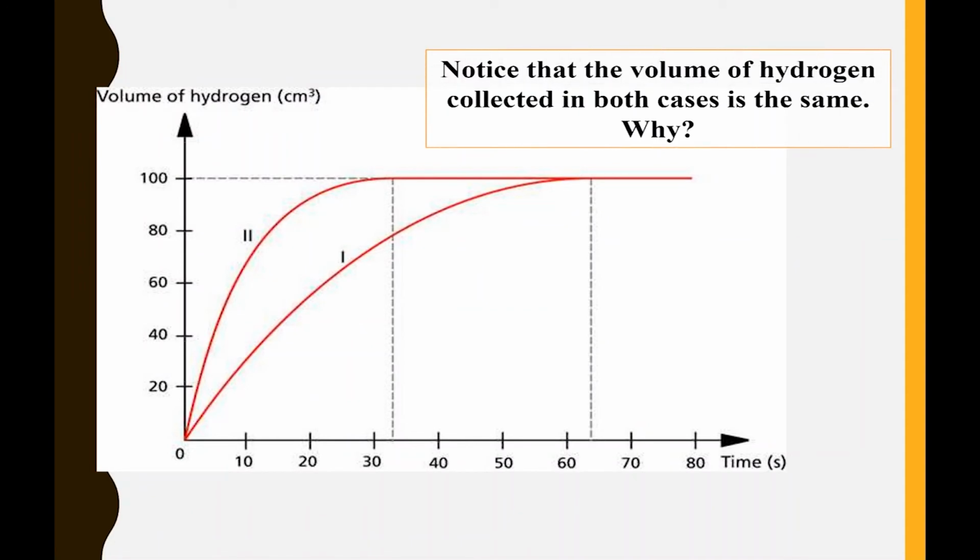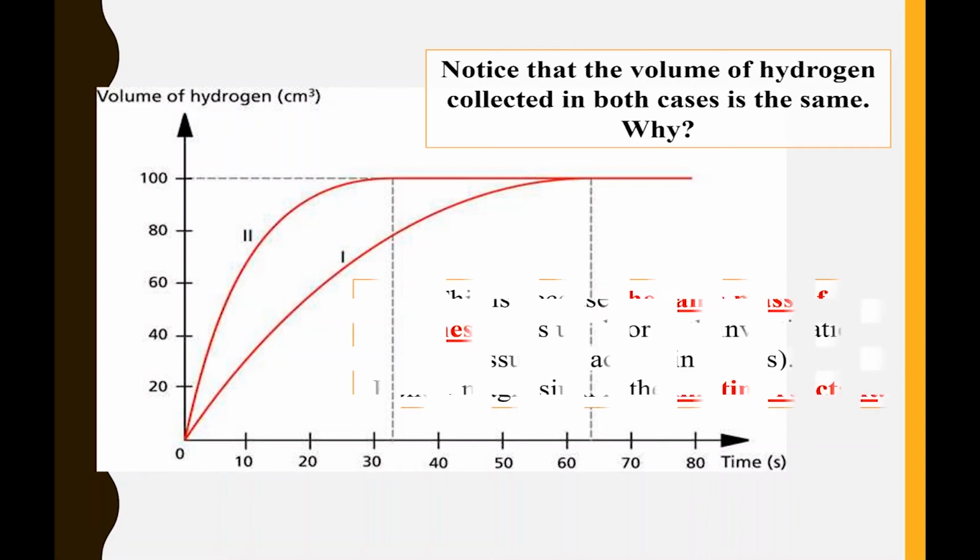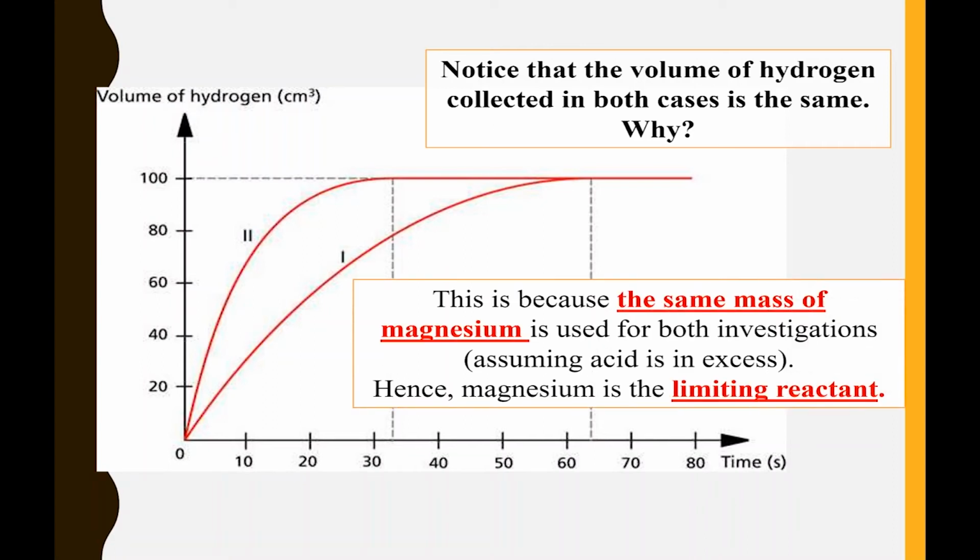Okay, but if you notice, the volume of hydrogen gas is still the same. Why? Because the same mass of magnesium is used for both reactions, meaning that magnesium was the limiting reactant.